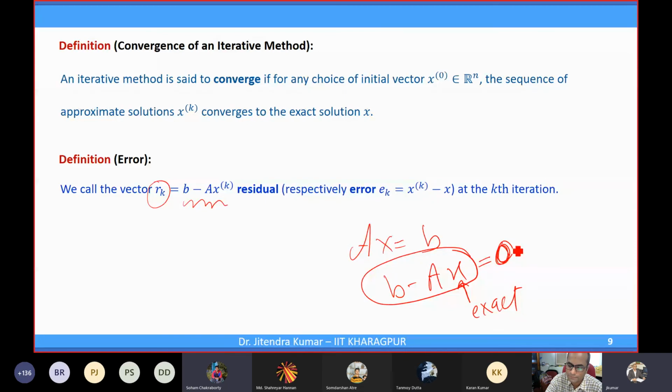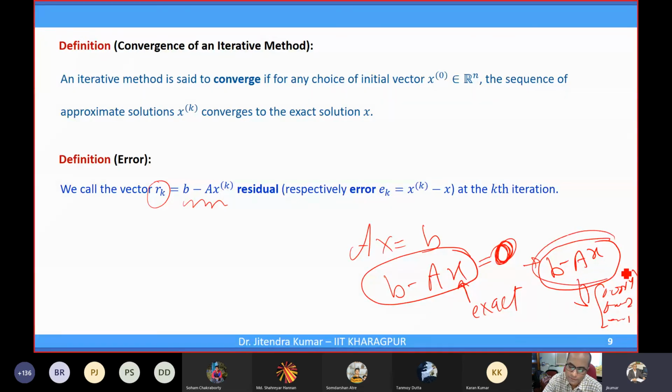It is a 0 vector. b minus Ax will be a 0 vector when x is exact. But in our sequence here, we are not getting exact. But you can realize that if b minus Ax is small, close to 0, like 0.0001, 0.0002, then you can think that, okay, yes, our solution is good enough now. So if b minus Ax is a small vector.